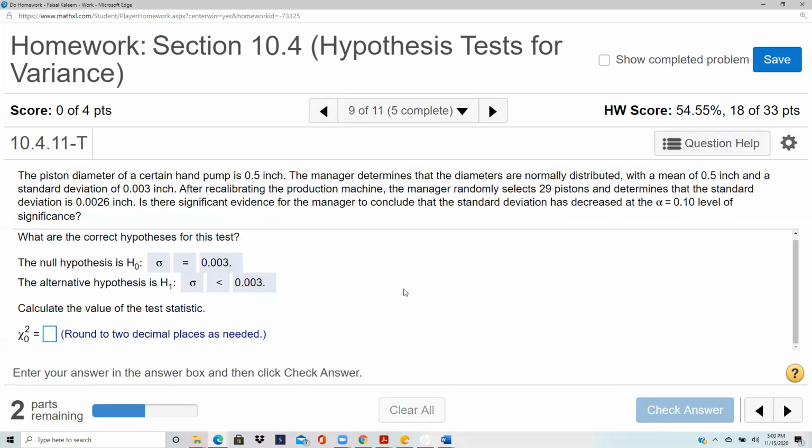Okay. Calculate the value of the test statistic. So the hypothesis test is for standard deviation. So you will use variance stats for the test statistic.